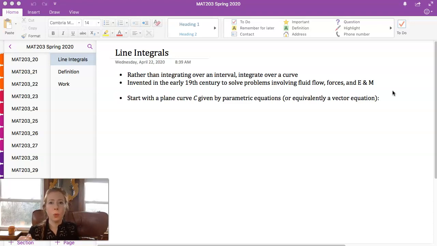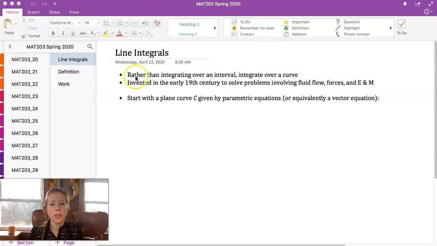So if we're moving with the current, it's going to help us. If we're moving against the current, it's going to hurt us, and it's going to take more energy on our part to move along that curve. And so the same thing goes with a force field, an electric field, a magnetic field.